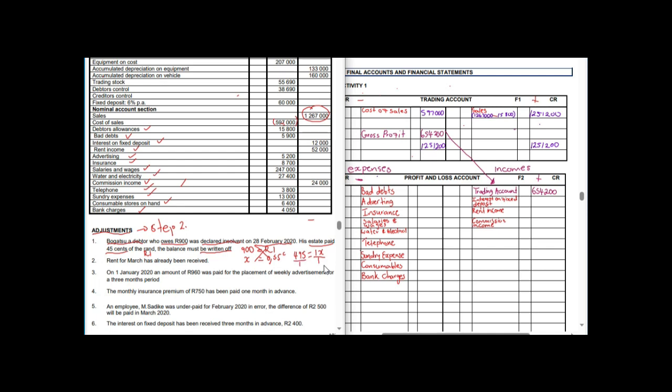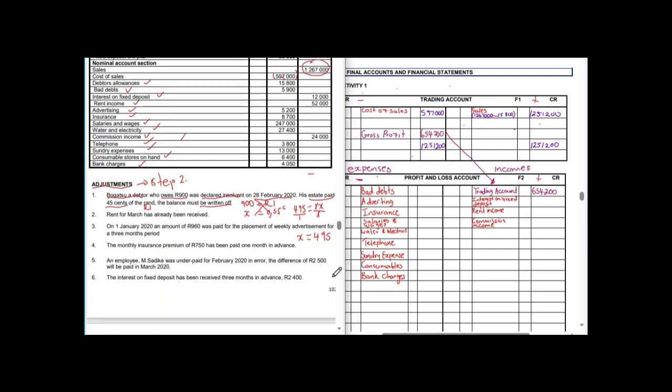What you do on your left must also happen on your right, and then 1 will cancel 1, and our x will be equal to 495. So guys, then now we are going to write off how much? 495.